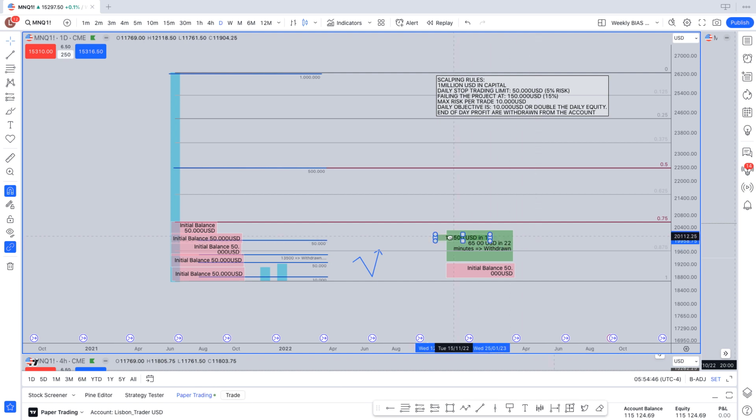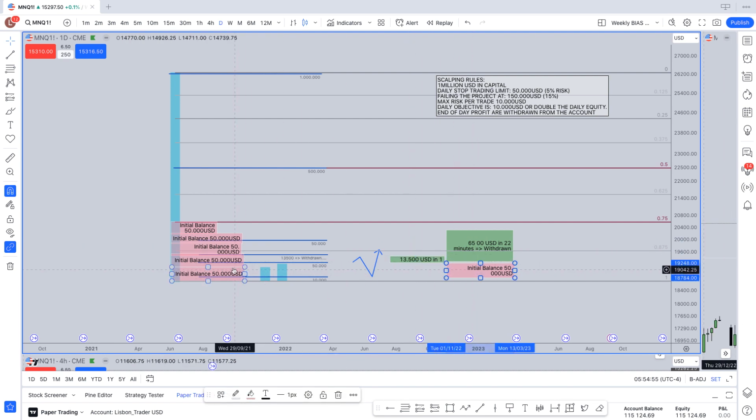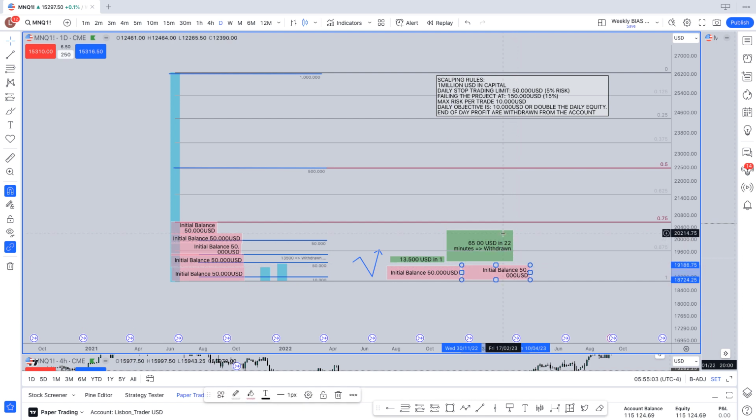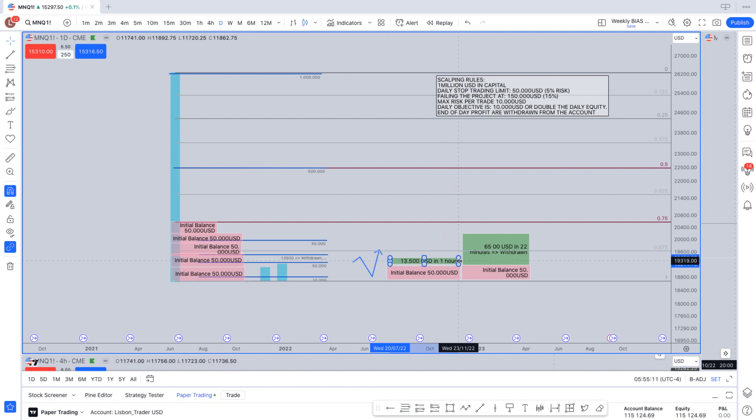So this was 2 days before. I had already 13.5k profit, it was a risky day, and then this was a 65 profit day, which was nice.